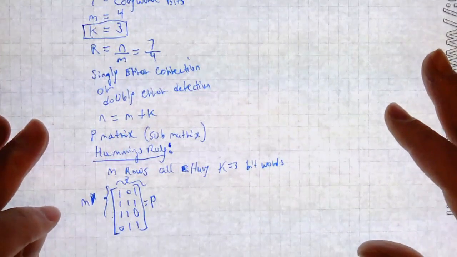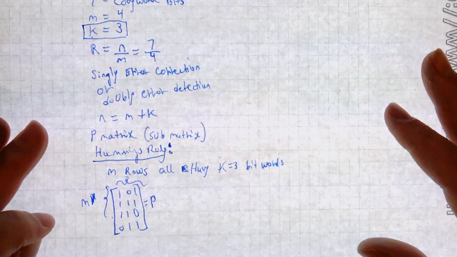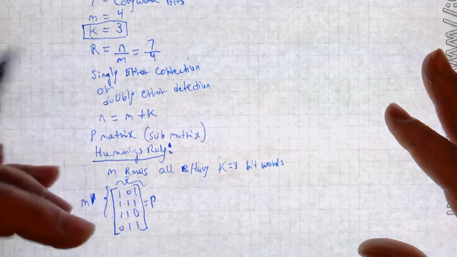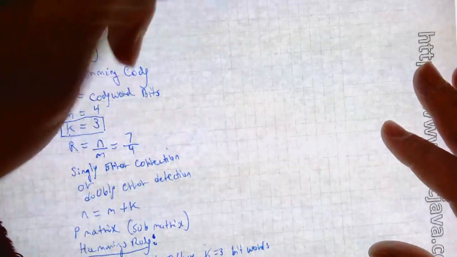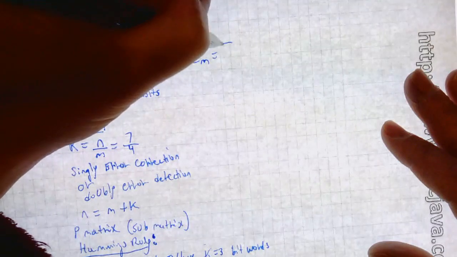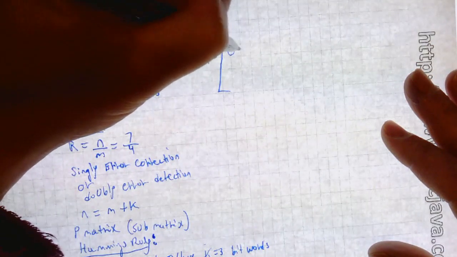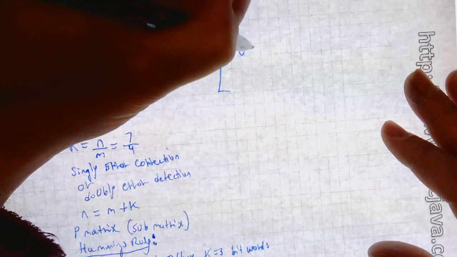We also want to set up an identity matrix. And the identity matrix is going to have exactly m columns, and it's going to have exactly m rows. So it's an m by m matrix. Let's take a look at this identity matrix. We'll call it I sub M, and we will set it equal to its identity matrix.